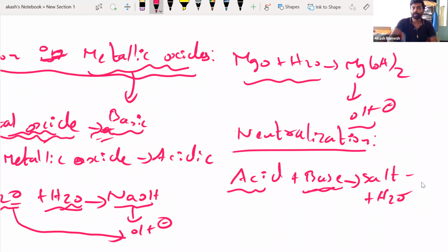One way of proving it is by dissolving in water, producing OH minus ions. The other way is a neutralization reaction with an acid, forming a salt and water, which again proves that metal oxides are basic in nature.